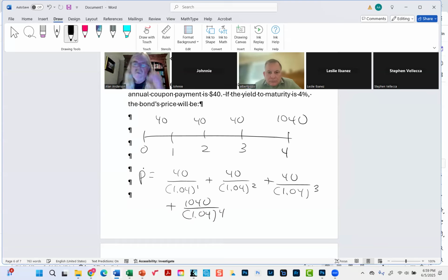So in other words, the 4% is the bond's yield, and the exponent is the number of years in the future in which I receive that cash flow.